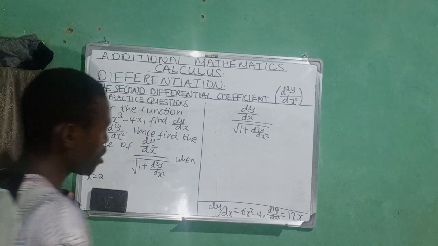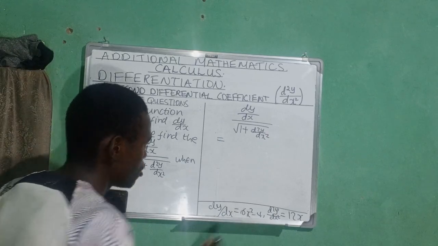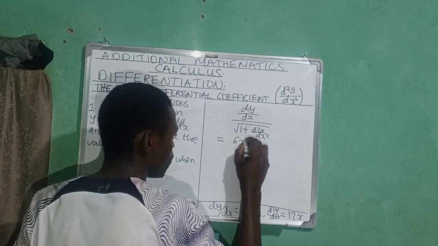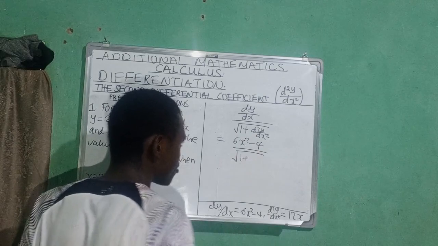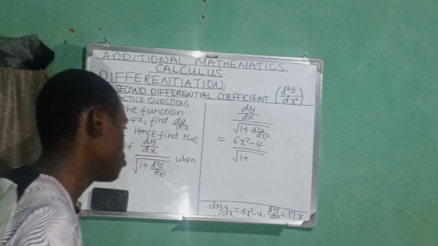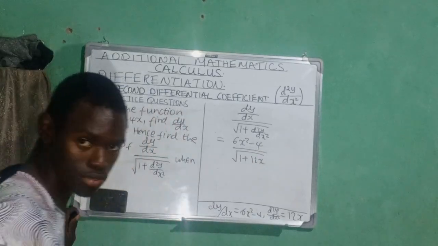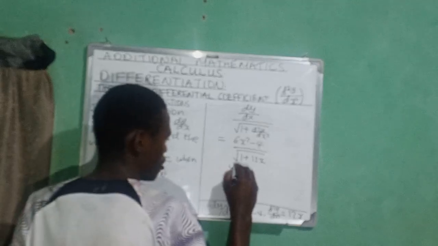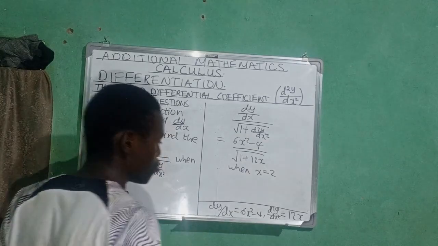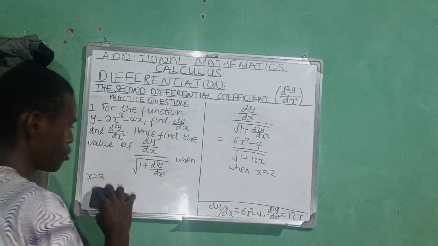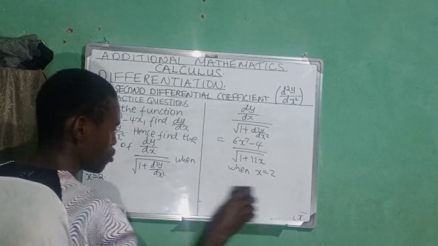To solve this, we'll say it is equal to, our dy/dx is 6x squared minus 4, divided by the square root of 1 plus our d2y/dx2, which is 12x. And then they told us that x is equal to 2. So this down here will not be needed. We just need to substitute when x is equal to 2.